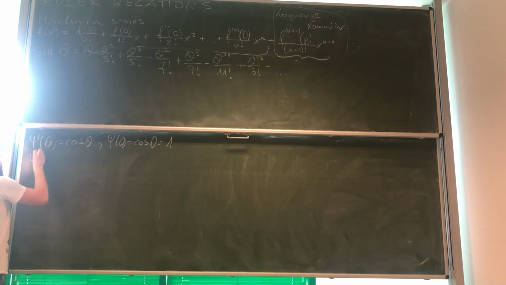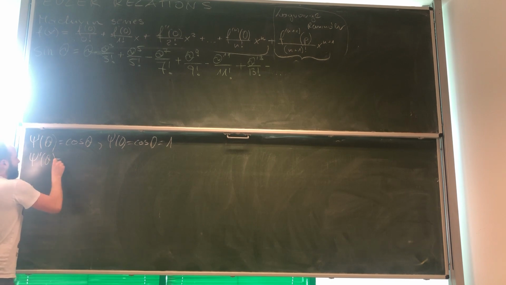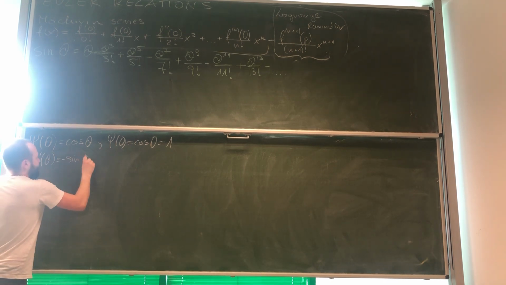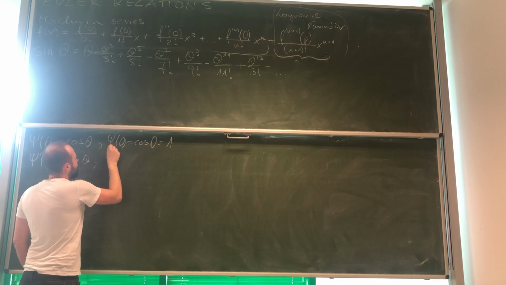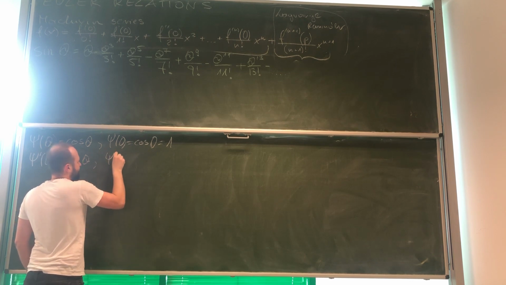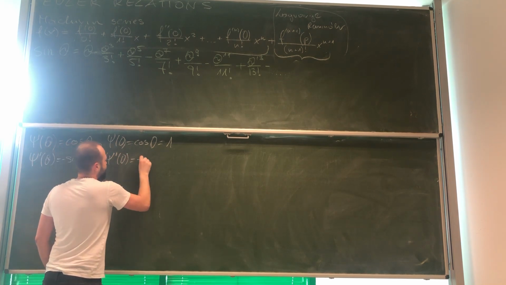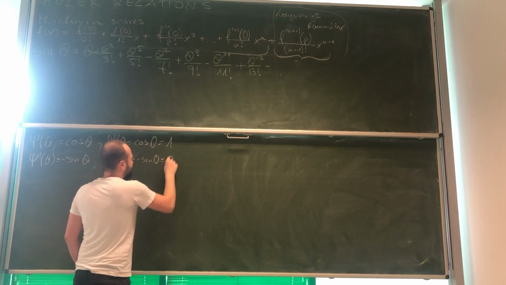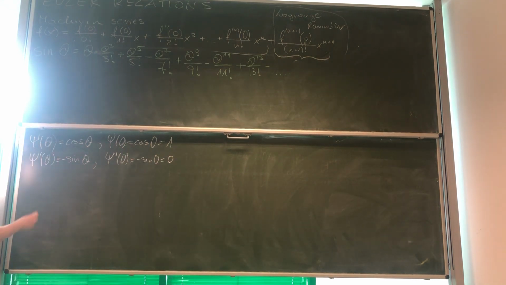Okay, so let's move on. Then we've got psi prime, which is equal to negative sine theta, which means that psi prime of 0 is equal to negative sine of 0, which is 0.